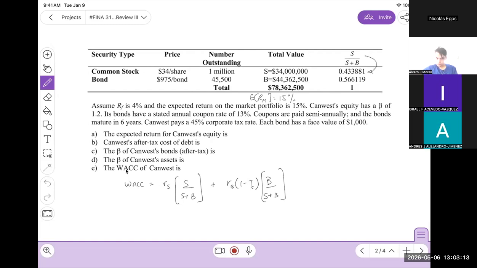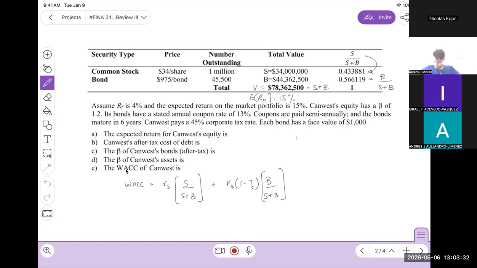This one is S over S plus B, and this one is B over S plus B. This one is V, or the S plus B. So you have all the values given.